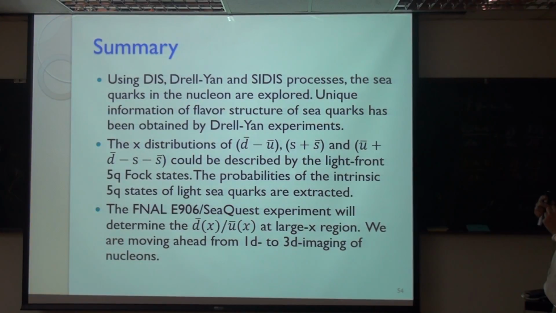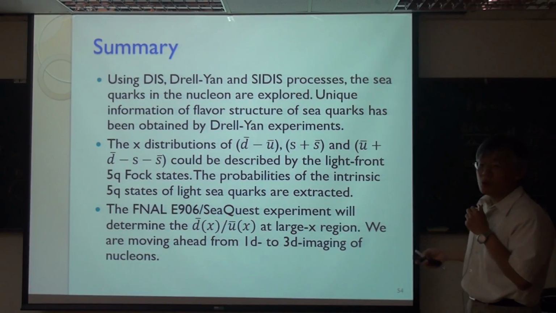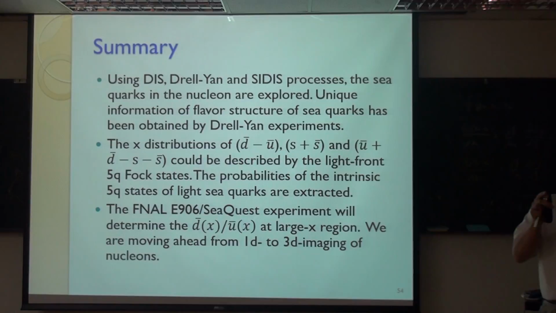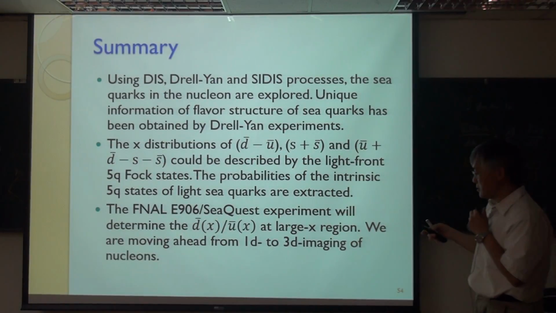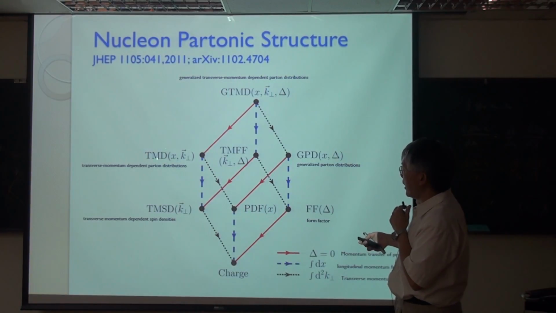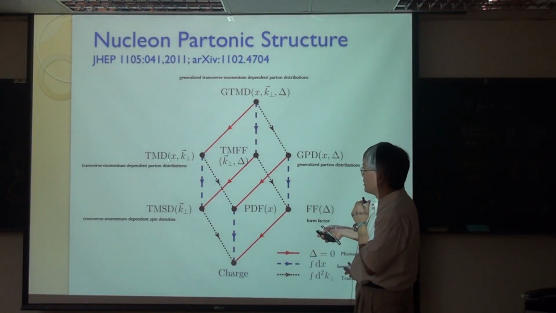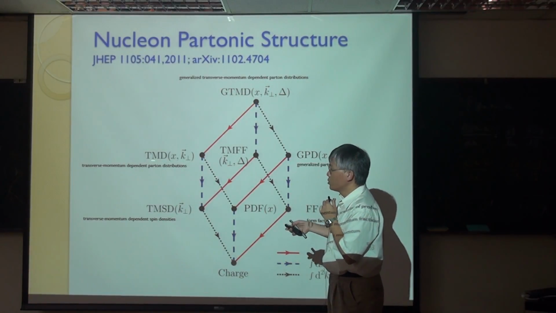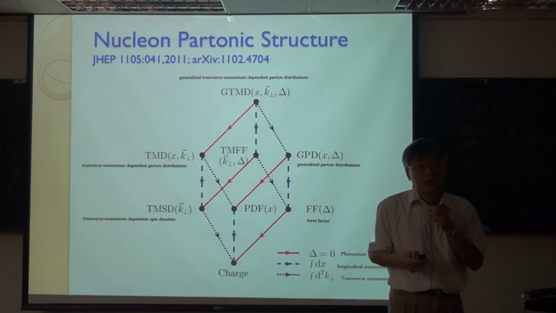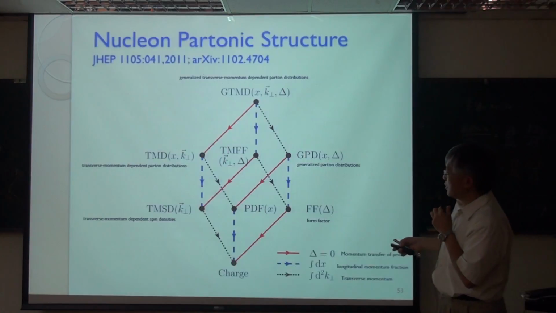So overall, instead of looking into the one-dimensional dependence, right now I'm only showing you the PDF in terms of this Bjorken x. But in the hadron physics community, we are moving from the PDF to a more multi-dimensional dependence. So other than x, we also want to look into the transverse momentum or the transverse size structure.